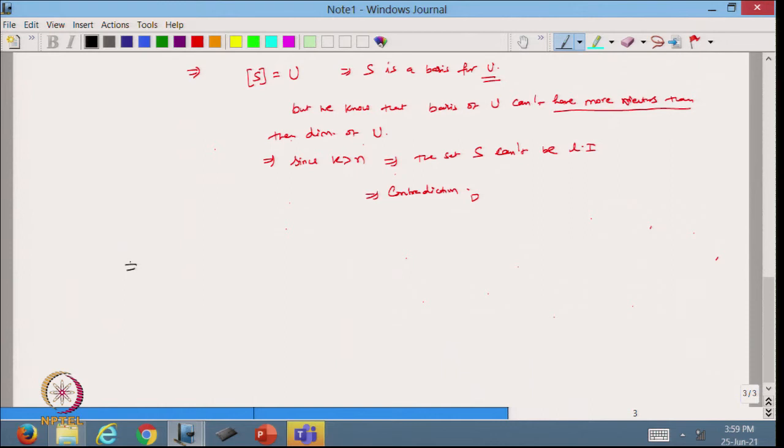Now, after that we also know one of the other definitions. We know that the dimension of a vector space V is the number of vectors in its basis. So, that we already know. So, based on this one, I want to discuss one theorem.